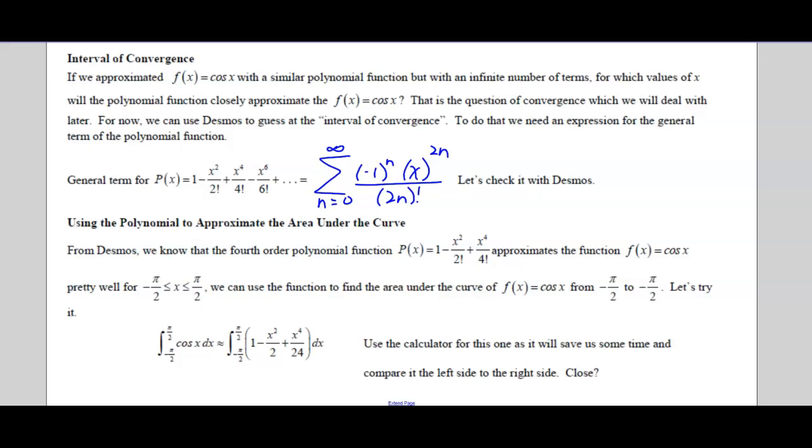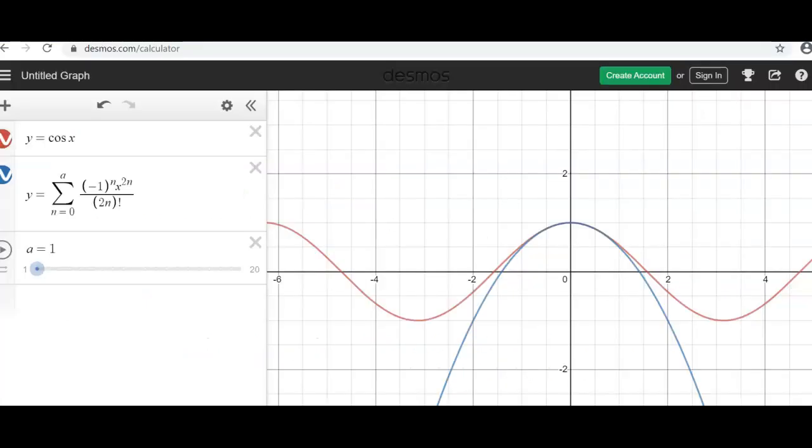If I go to degree 4, which would be a equals 2, you can see that for sure for pi over 2, it is an excellent approximation.